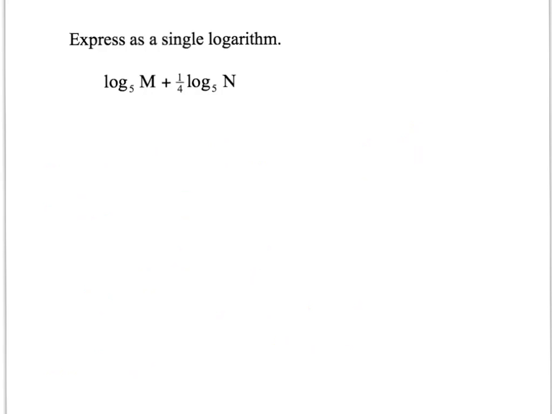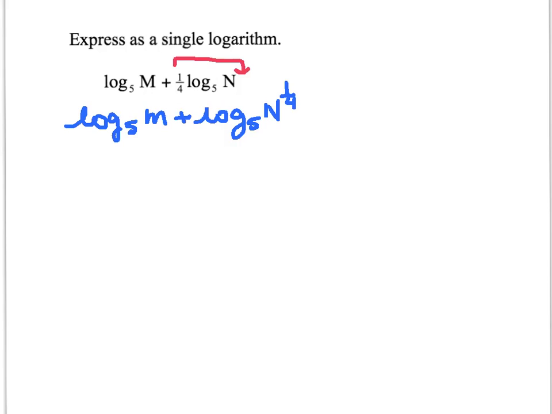And the very first thing I'm going to do is use that rule of exponents, and take the number that's out in front of log base 5 of n and put that 1/4 back up in its exponential position. So the expression is now going to read log base 5 of m plus log base 5 of n raised to the 1/4 power.